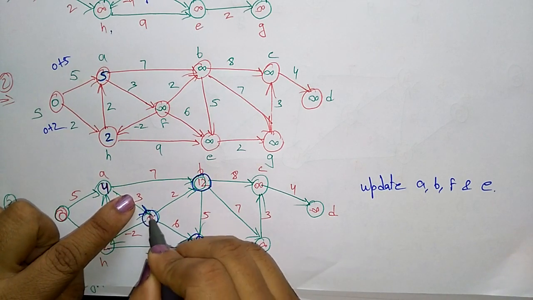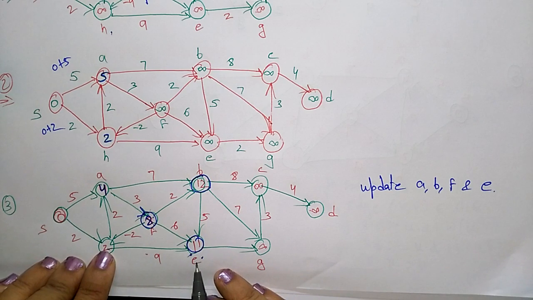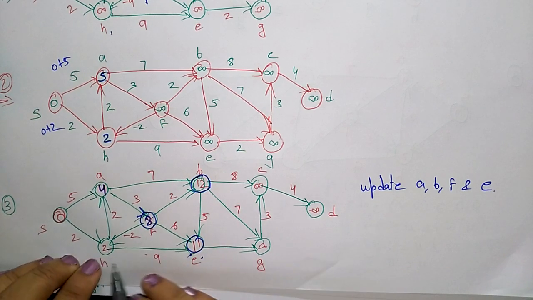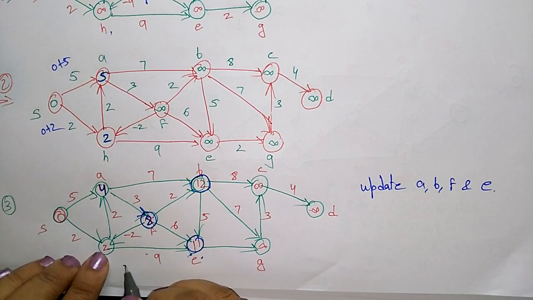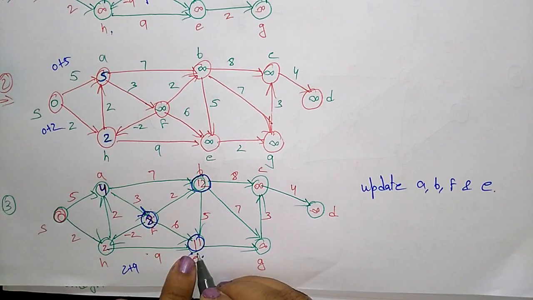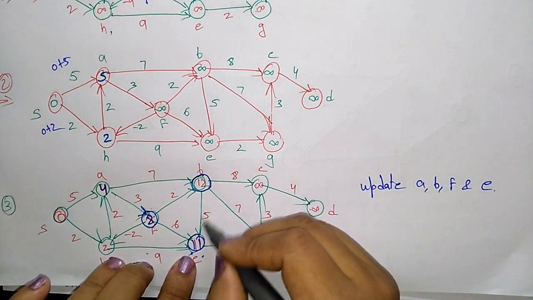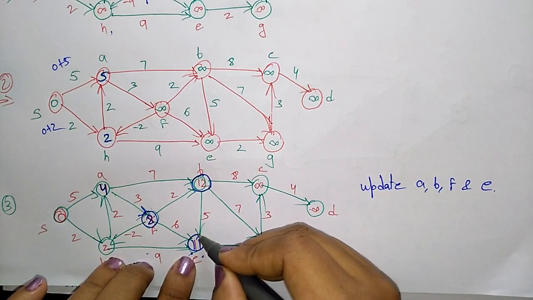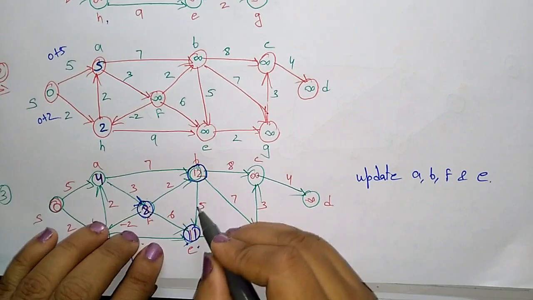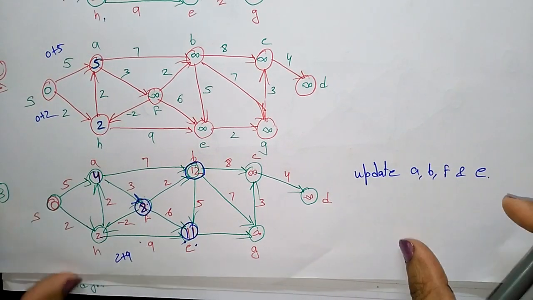Now E has to be updated with what value? 2 plus 9 is equal to 11. Okay, this is satisfied. Check here, this arrow is coming like this. So up to here we updated. Now coming to the next step.